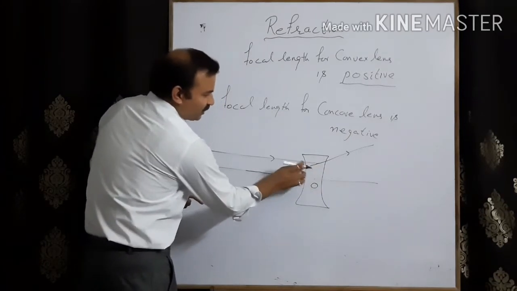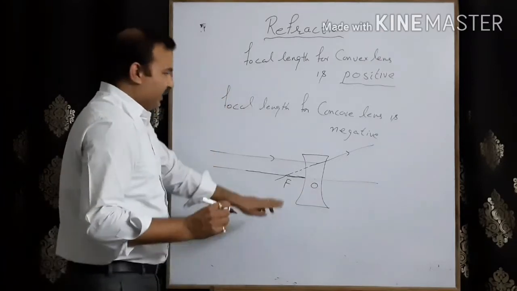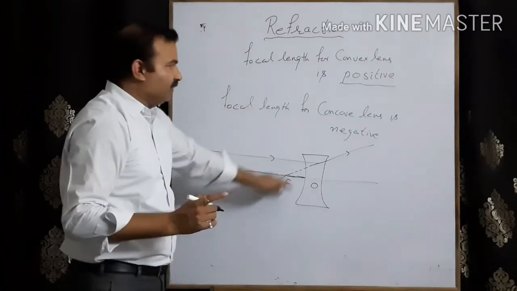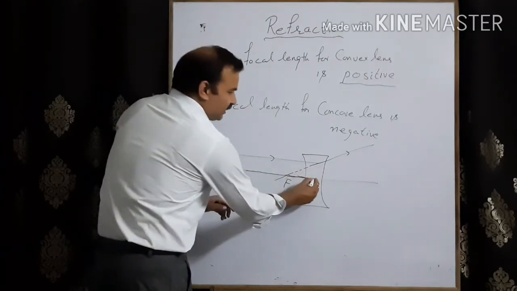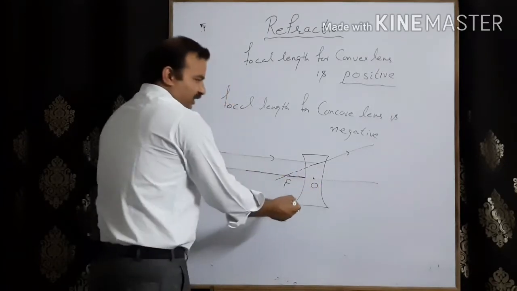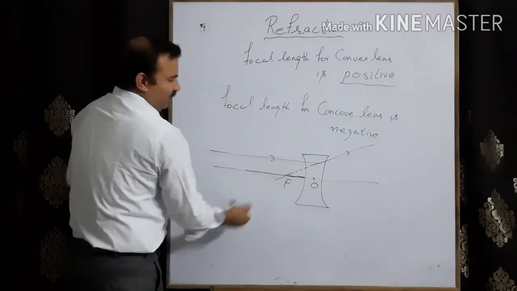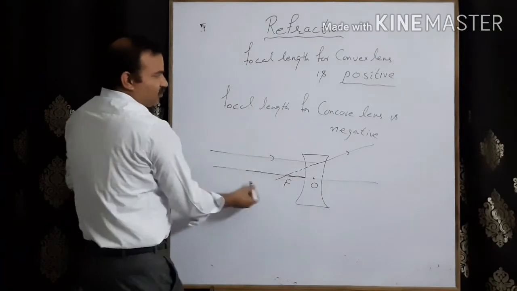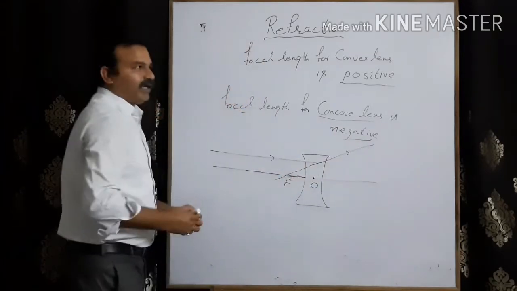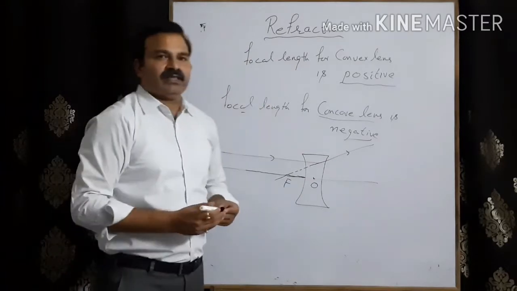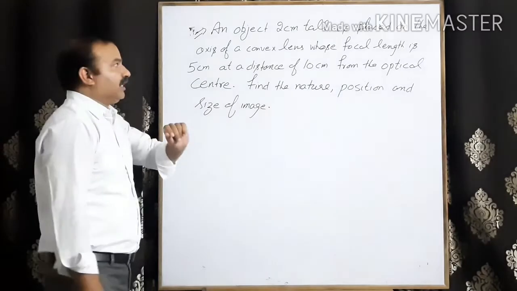It is an imaginary line, so this is dotted. This is the principal focus of the concave lens, which is on the left side of the optical center. Distance is measured from this center. So that's why for the concave lens the focal length is always negative, and for the convex lens the focal length is always positive.